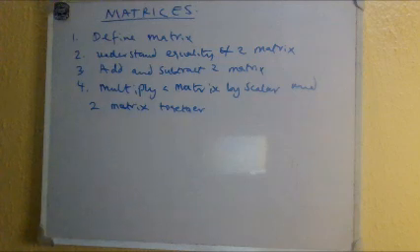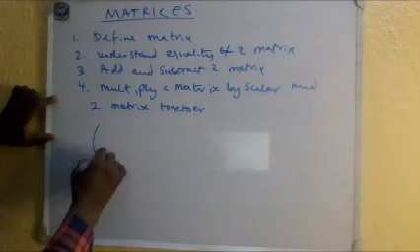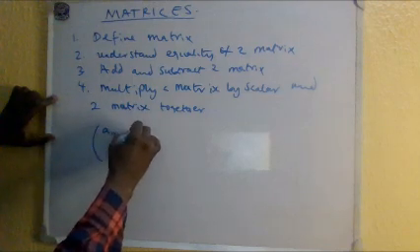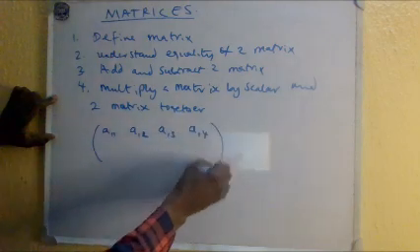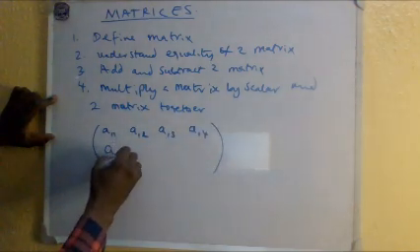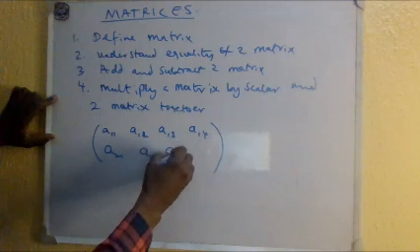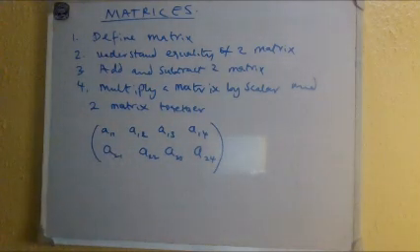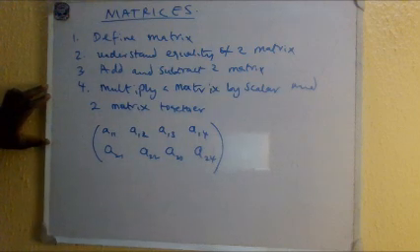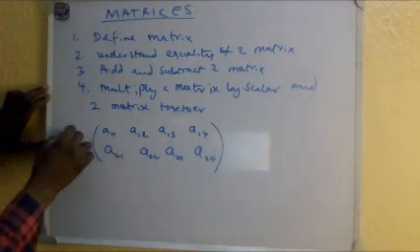What do I mean? If I have this matrix: A11, A12, A13, A14, A21, A22, A23, A24.